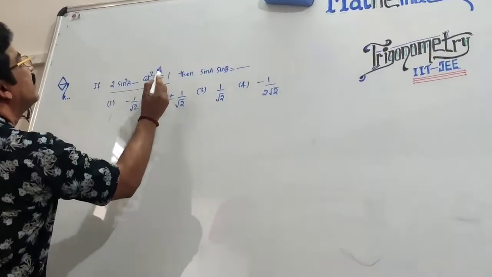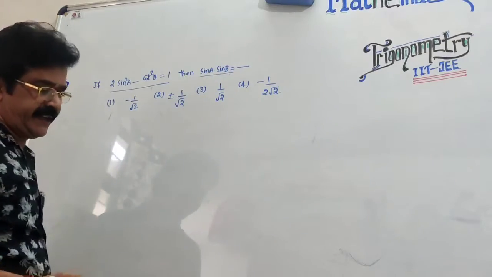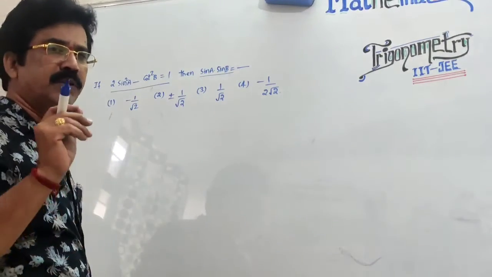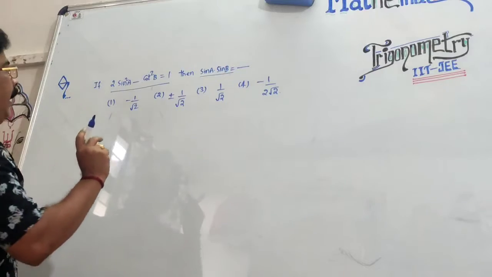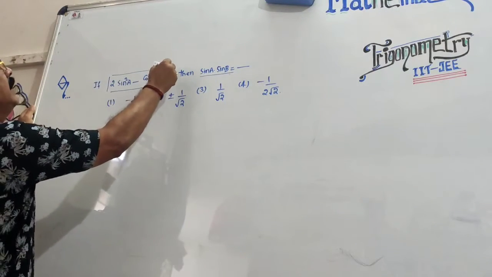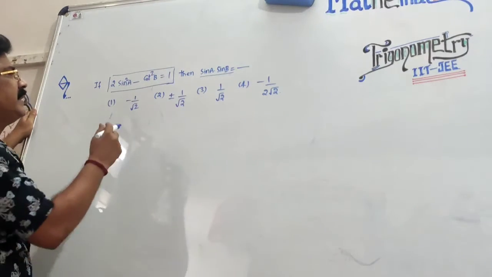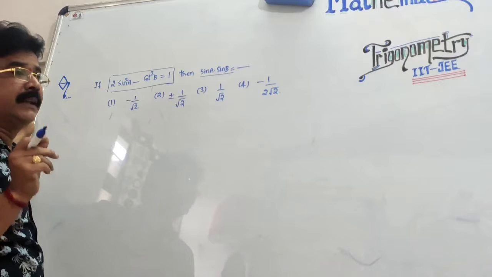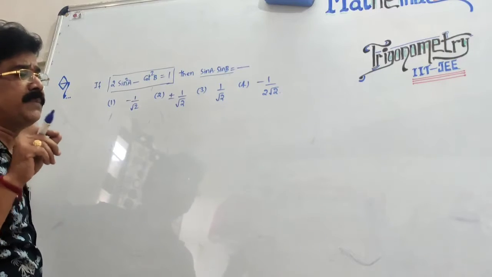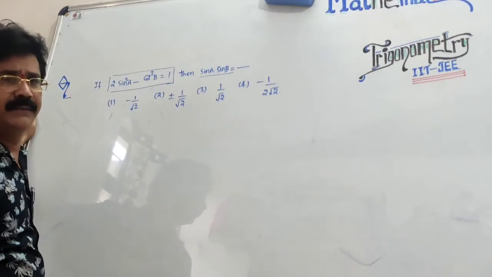Next one. If 2 sine square A minus cot square B equals 1, then find the value of sine A into sine B. So one shortcut is there. In trigonometry, if one equation is given in terms of either x or alpha, beta or a, b, theta, is it possible to find the unknown values so that the equation is satisfied?